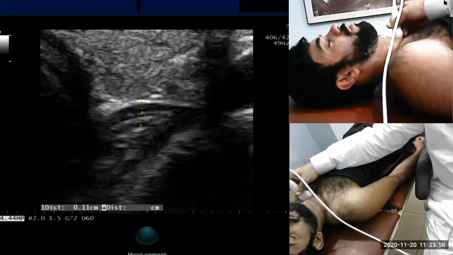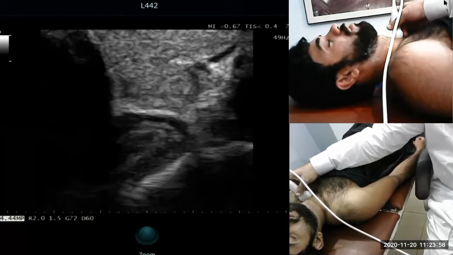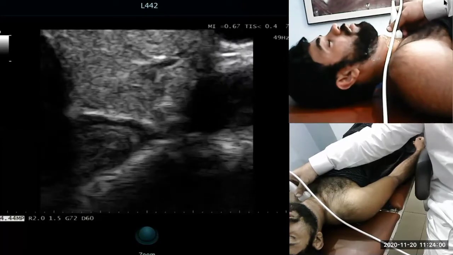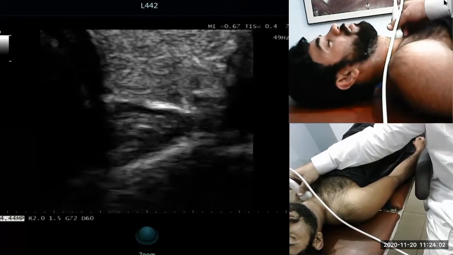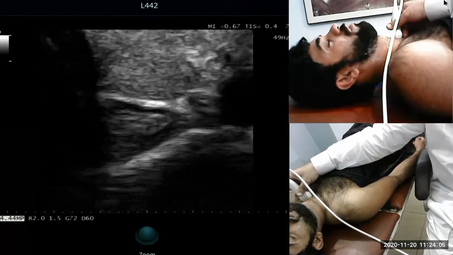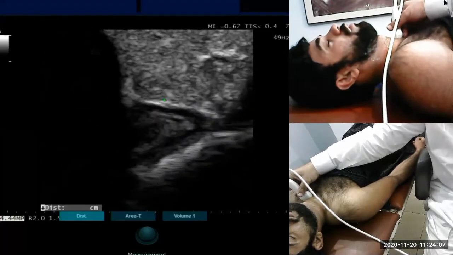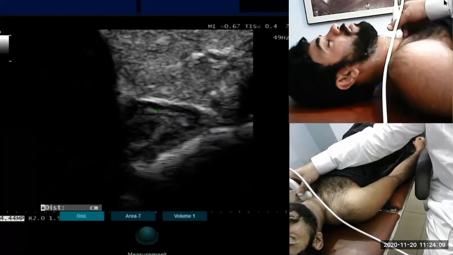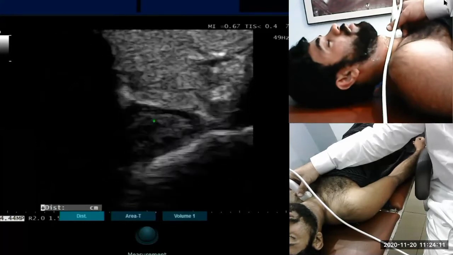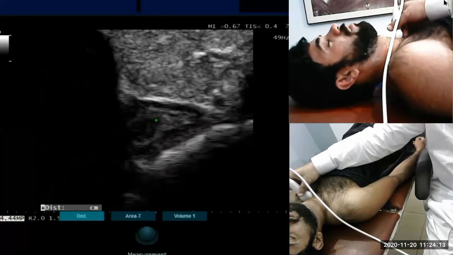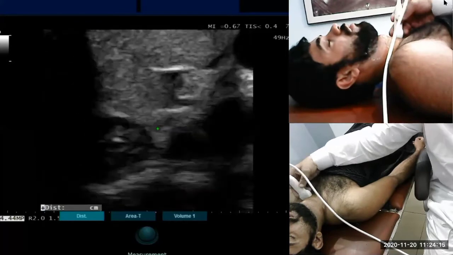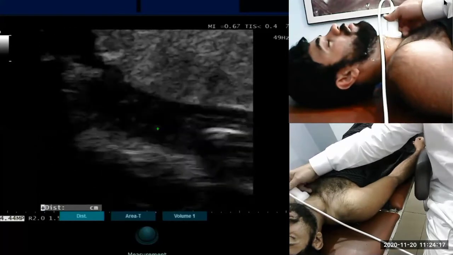Now I'm showing you it in real time. The serosa, the muscularis, the submucosa, and the black mucosa, and the white lumen. The same we can see on longitudinal.